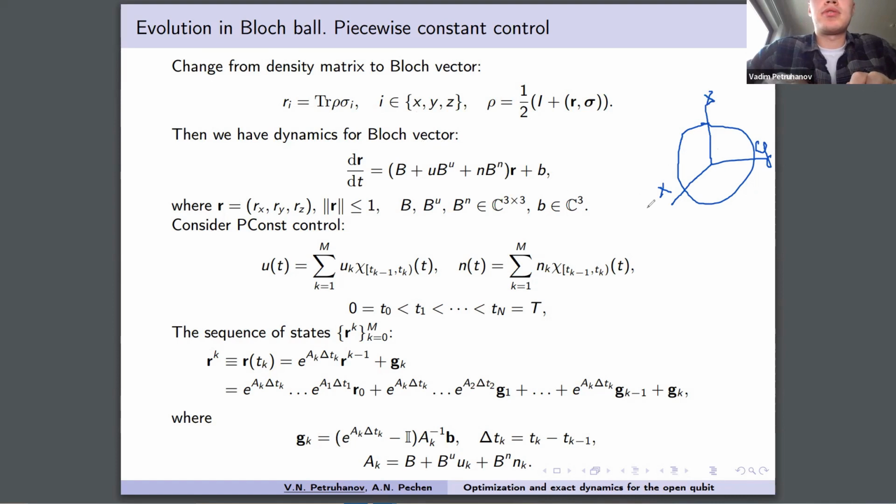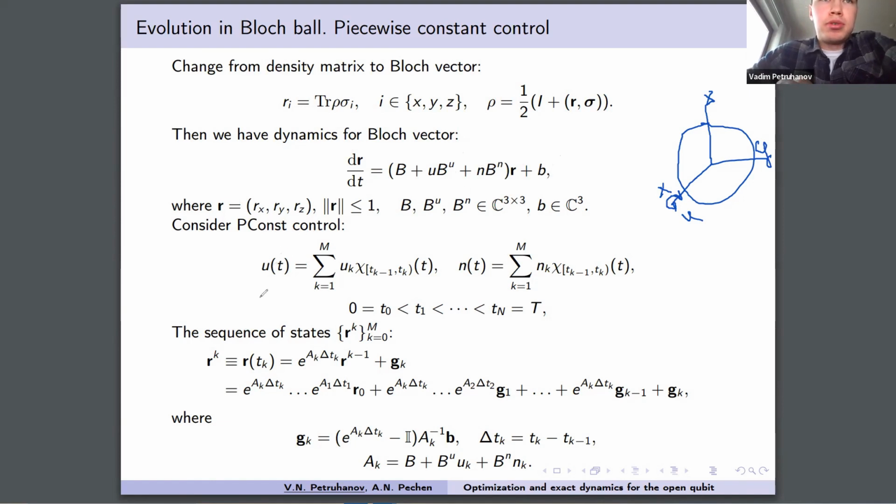So we have rotation along the x-axis by the coherent control, and in the Bloch parameterization we get this differential equation with controls u and n. I should note that this system is inhomogeneous, because it turns out to be inhomogeneous because of this additional part.